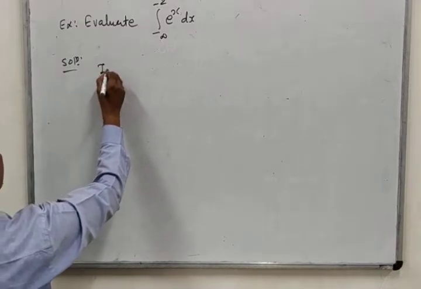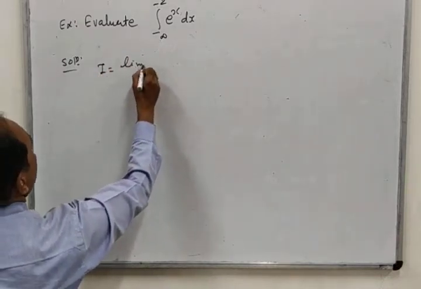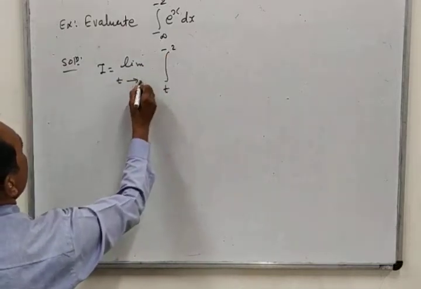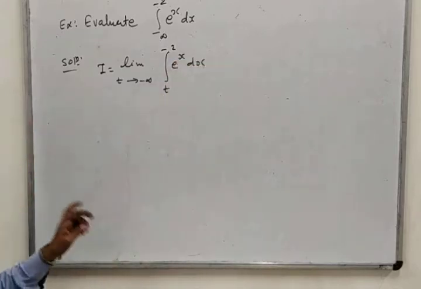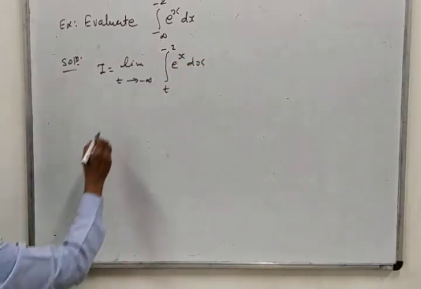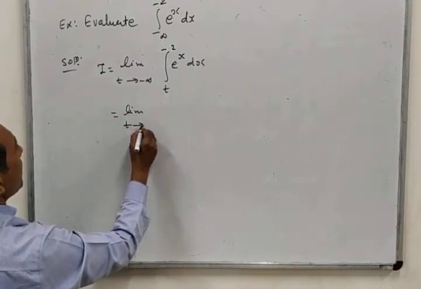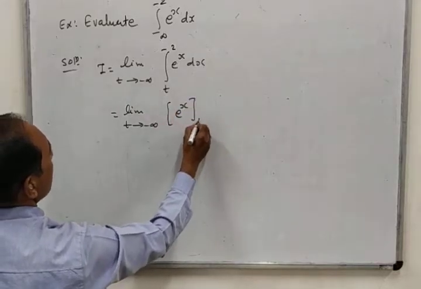Directly write down I equal to limit t tends to minus infinity, integral from t to minus 2 of e raised to x dx. It is very clear to you as per the last lecture. We know that the integration of e raised to x is e raised to x itself.